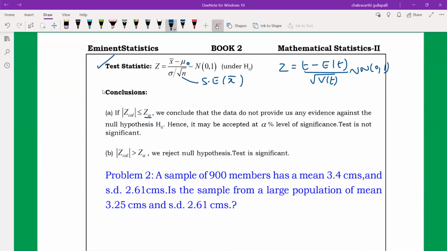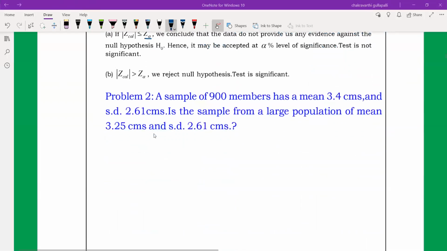For understanding purpose, an example; the application is very, very important. A sample of 900 members has mean 3.4 centimeters and standard deviation 2.61 centimeters. Is the sample from a large population with mean 3.25 centimeters and standard deviation 2.61?